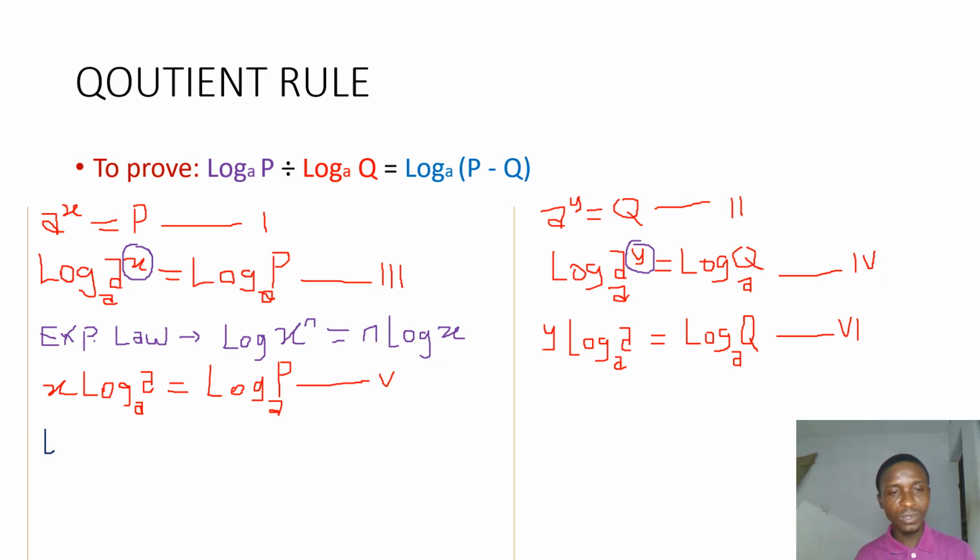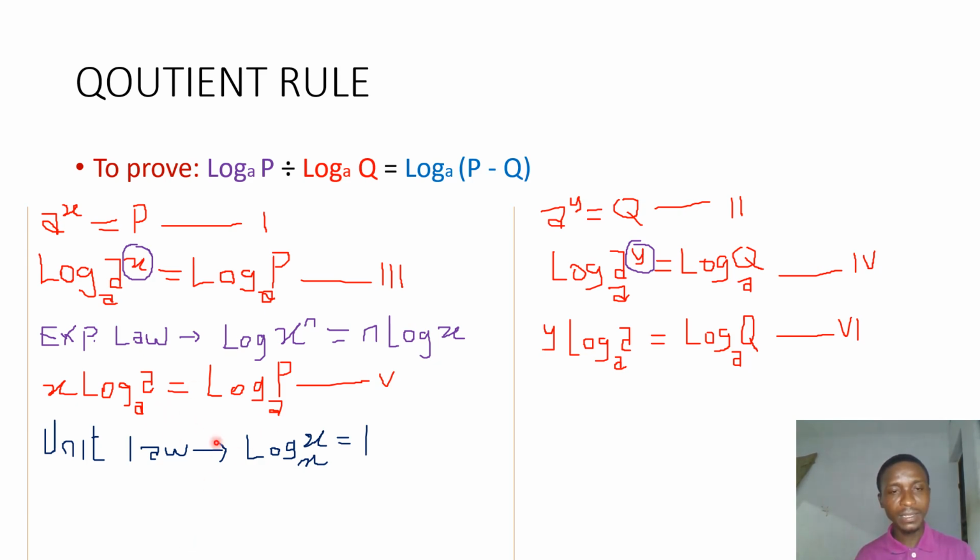So what is unit law of logarithm saying? The unit law states that if you have log x base x, that will be equal to 1. So that's what we are applying now.